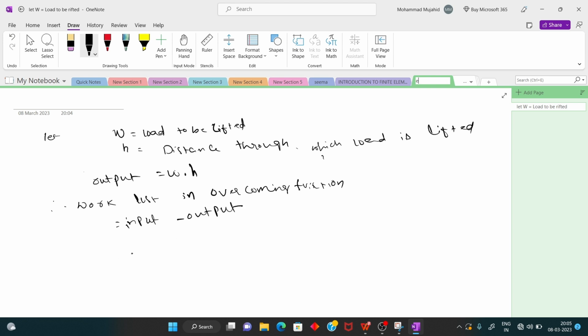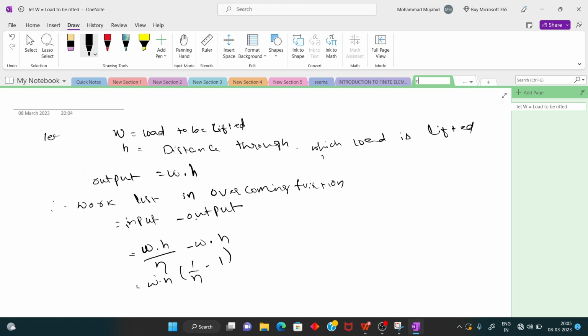We know that the input will be W into H by efficiency, minus W into H. So you can take W into H as common, times 1 by efficiency minus 1.